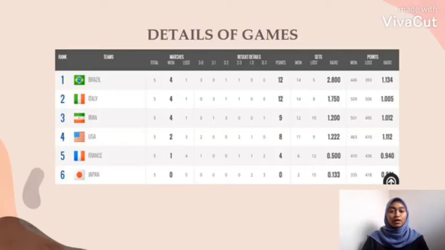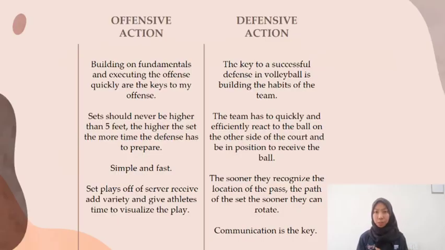For the ranking, we can see France in 5th place and Japan in 6th place. For the total points, France got 4 while Japan got 0. And for the total sets, France has 6 won and 12 lost, while Japan got 2 won and 15 lost.